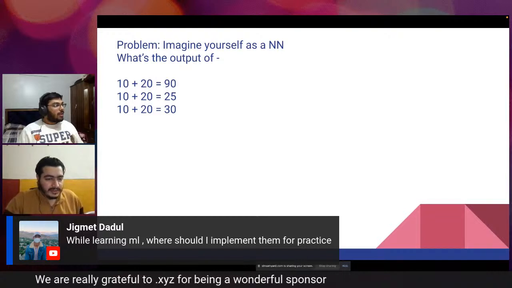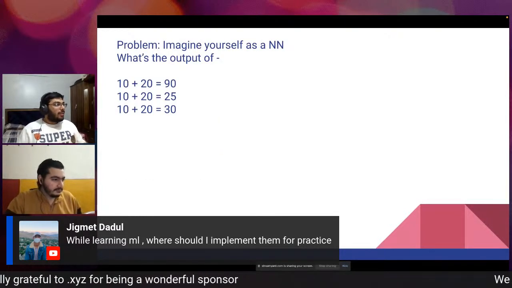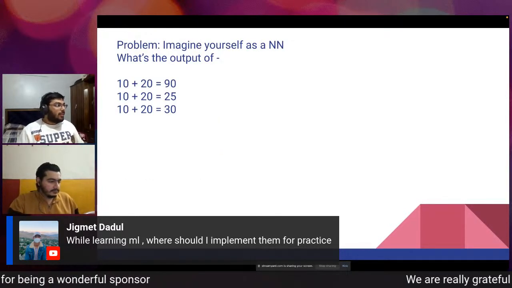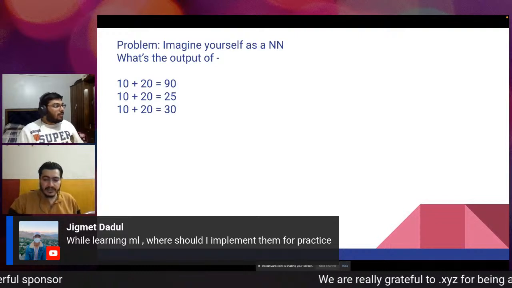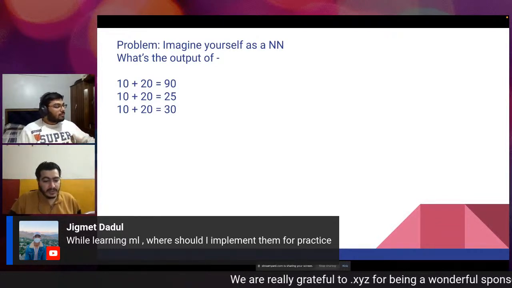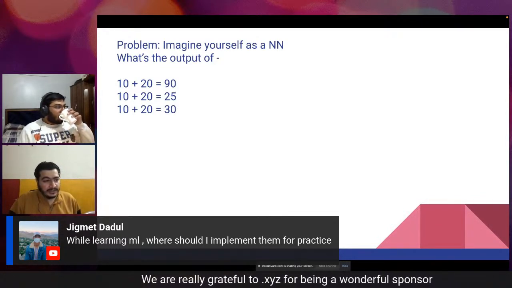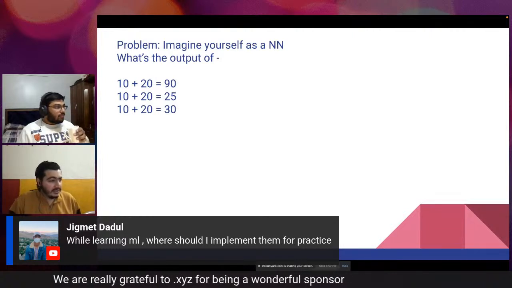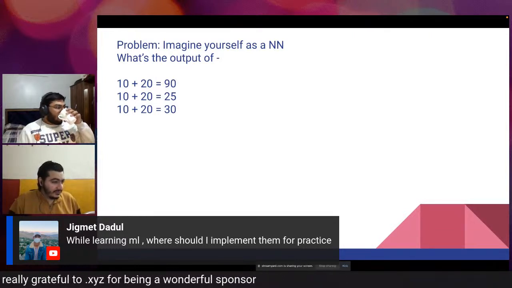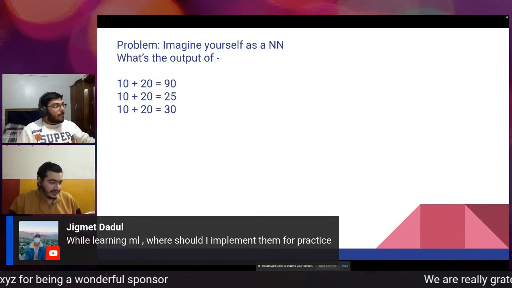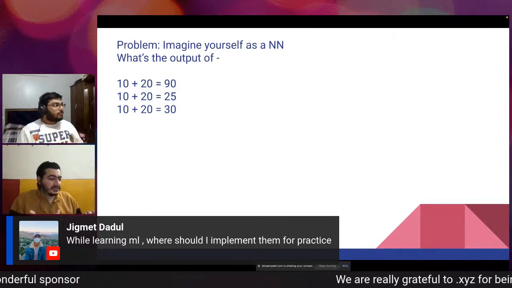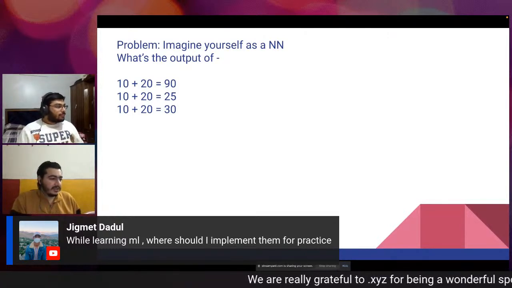There's one more doubt: while learning ML, where can you practice, where should you implement things? You can first try out a bunch of standard data sets, see what those data sets involve, and how you can make use of them to actually learn something meaningful.